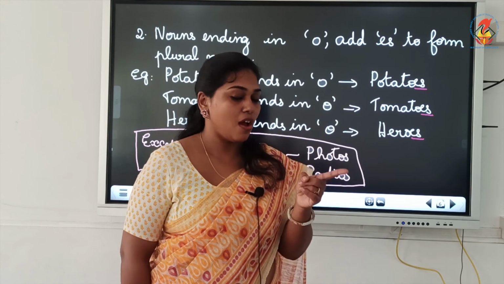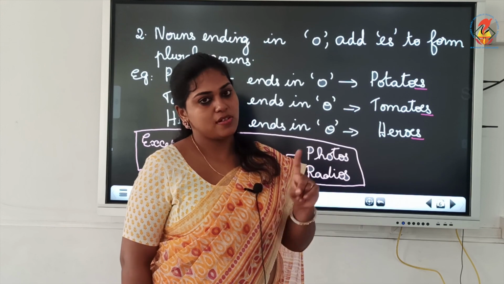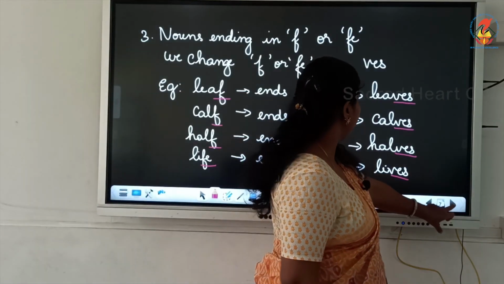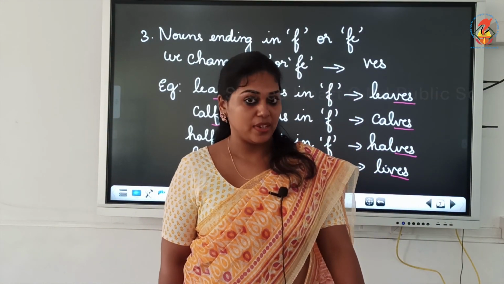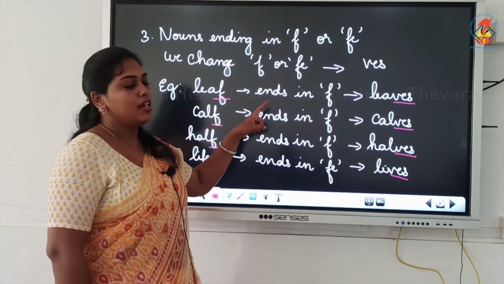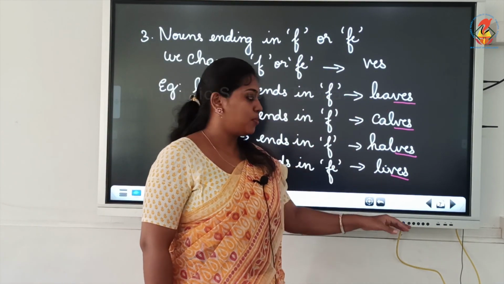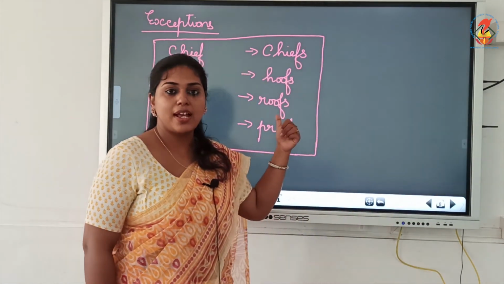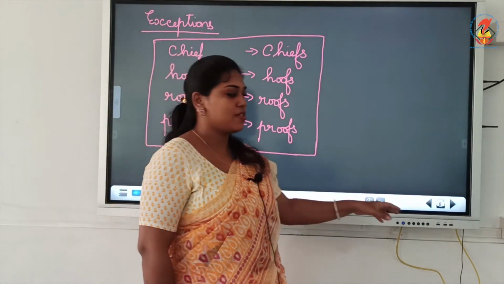Exceptions are ox, oxen, photo, photos, and radio, radios. Then the third rule which we learnt is about the nouns that end in F and FE. When the nouns end with F or FE, we have to cut F and write VES to make it plural form. Then the next rule, here also exceptions are chief, chiefs, hoof, hoofs, roof, roofs, proof, proofs, okay.